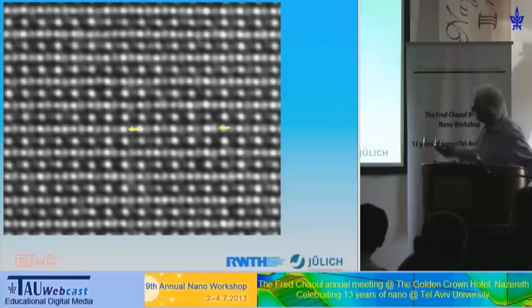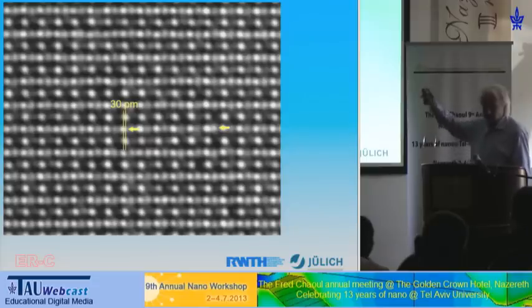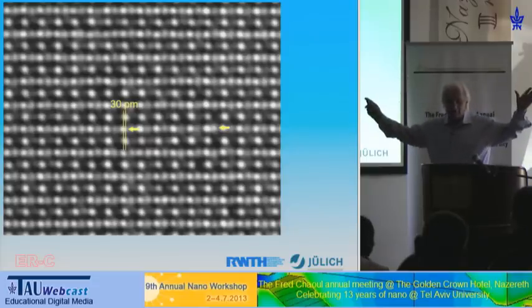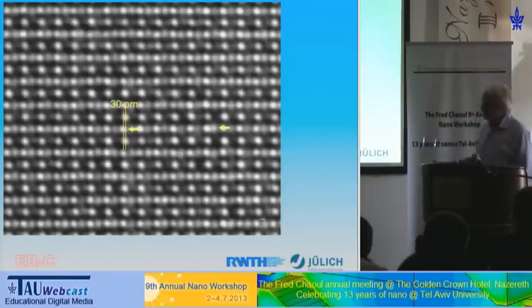Titanium should be aligned with these two strontium atoms. It's not. Titanium is shifted. The shift is substantial, 30 picometer. You cannot just say, I neglect this. You have a technique which allows you to measure 1 picometer. So you should not settle with 30 picometers misplacing of atoms.